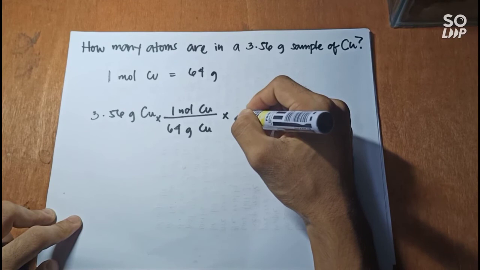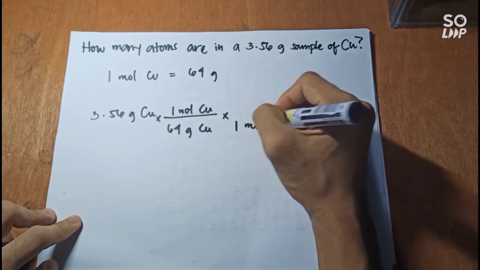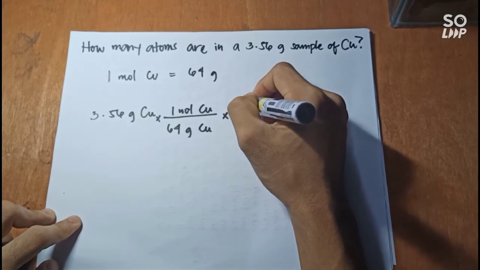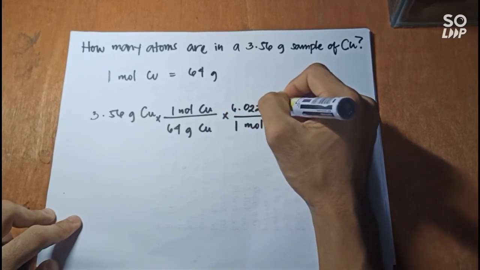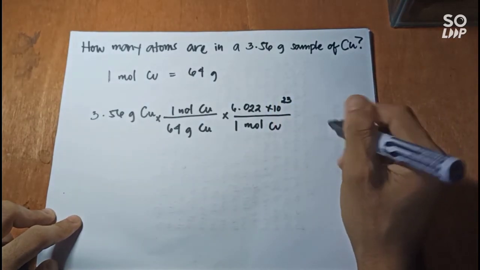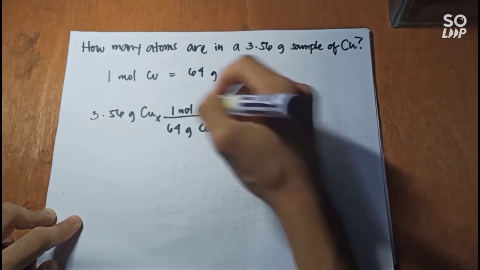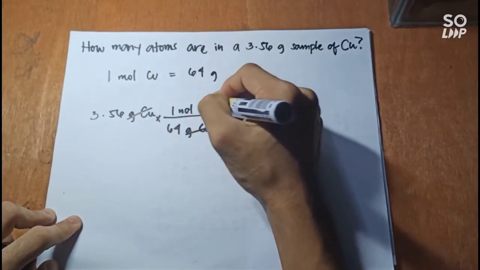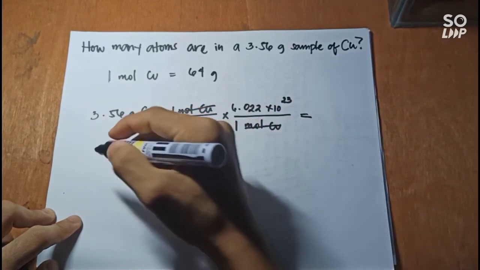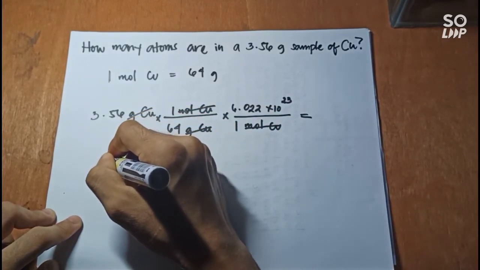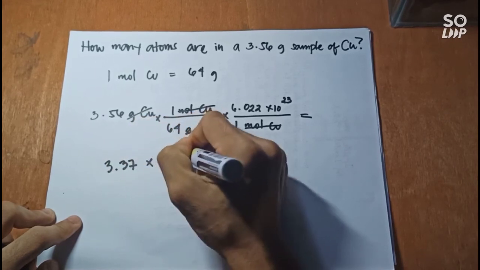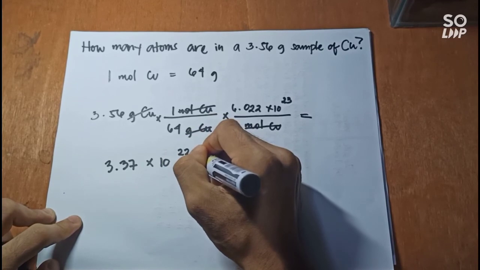And 1 mole of copper is to 6.022 times 10 raised to 23. So the answer would be 3.37 times 10 raised to 22 copper atoms.